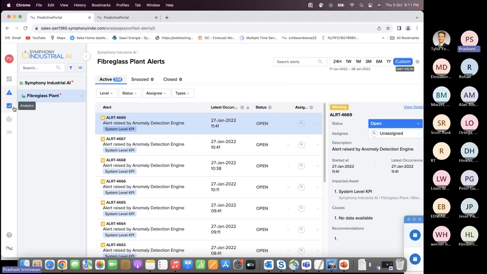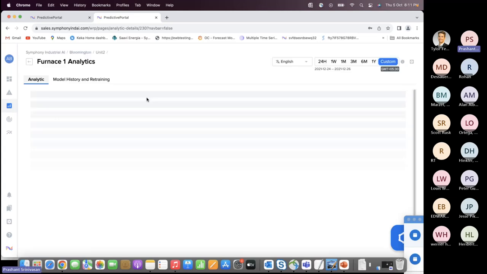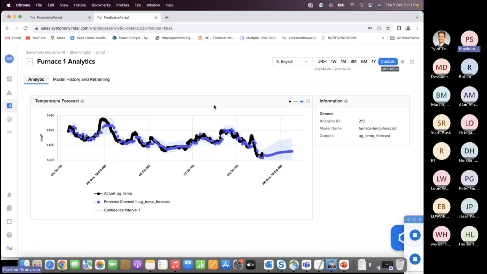Now, looking at the analytics and the forecast model. We spoke about the forecast of the temperatures. We have a separate page called the analytics page where you can look at the forecast trends. This is an example of temperature forecast. You can see that the actual temperature is shown in black, and the forecast temperature is the blue circles.